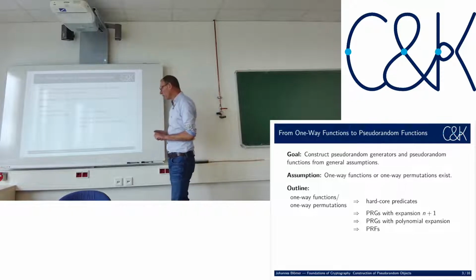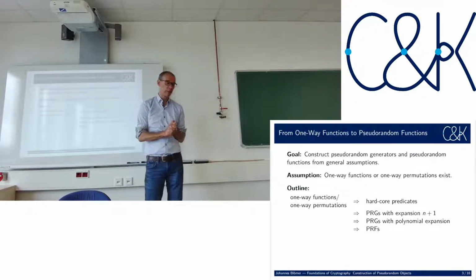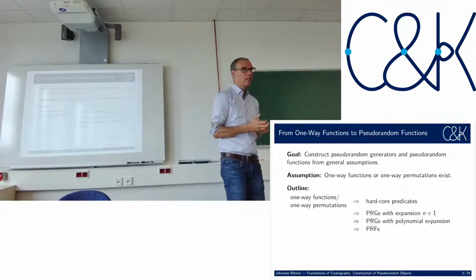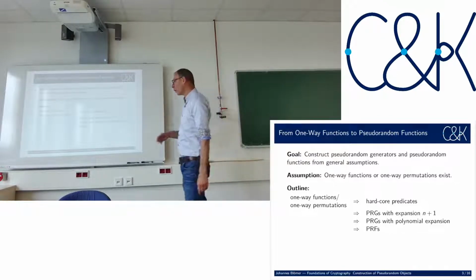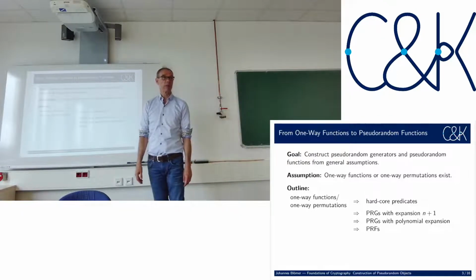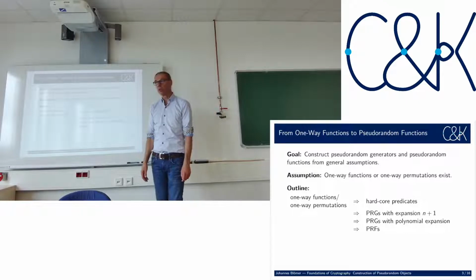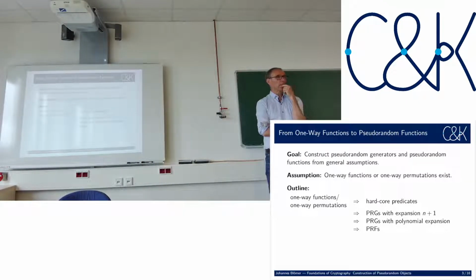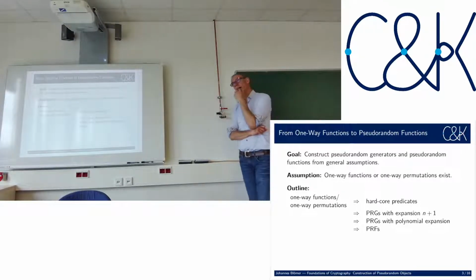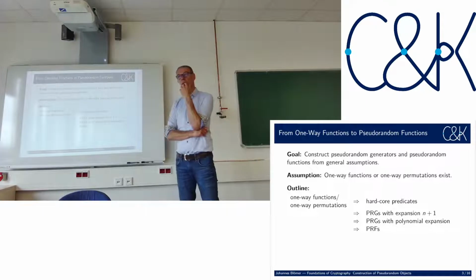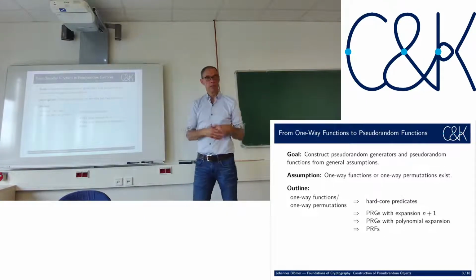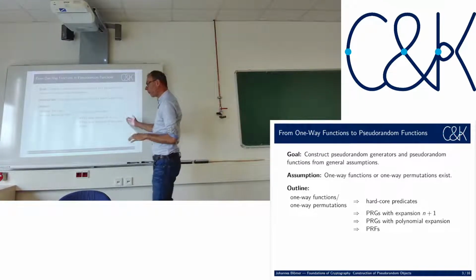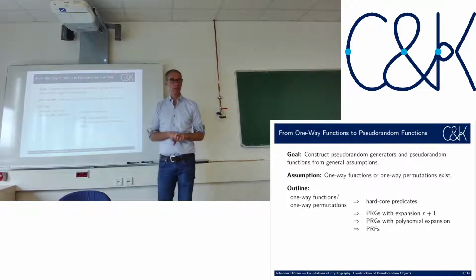And once we have PRGs with polynomial expansion, in fact, PRGs with expansion to 2n suffice, we can construct pseudorandom functions. So pseudorandom functions are not harder to construct than pseudorandom generators. That's somewhat surprising because they seem to be much more powerful, but we can show that from pseudorandom generators we can construct pseudorandom functions.